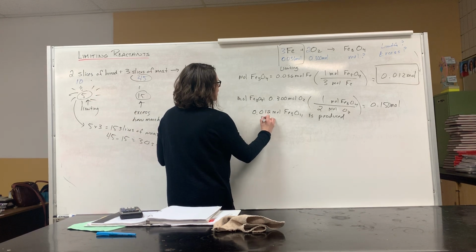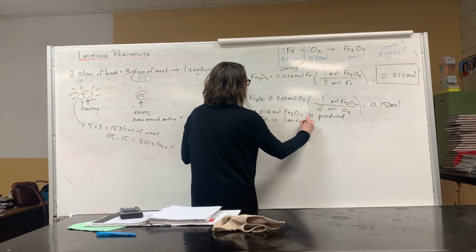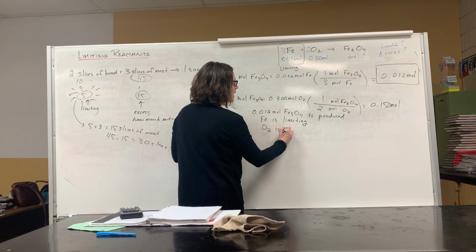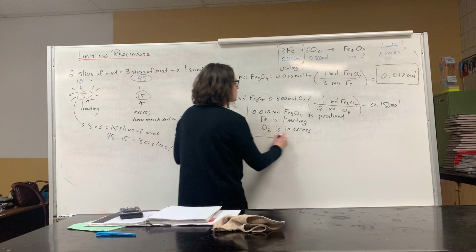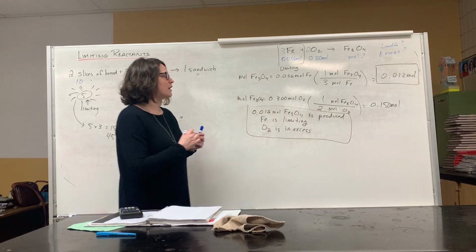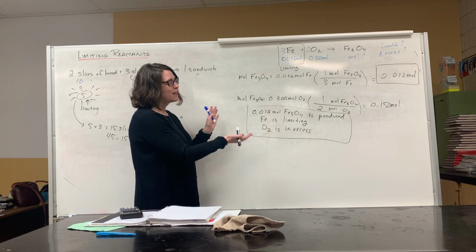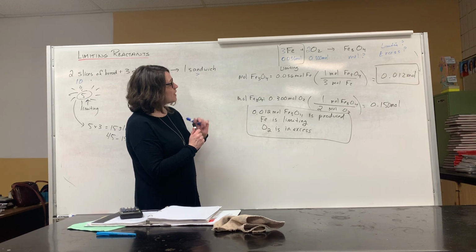So you would say iron is limiting. And then what's in excess is the oxygen. So oxygen gas is in excess. So that would be how you answered that question. And then you would box it in for your teacher so that she could find the answer nice and easily on your test. That would be your answer.